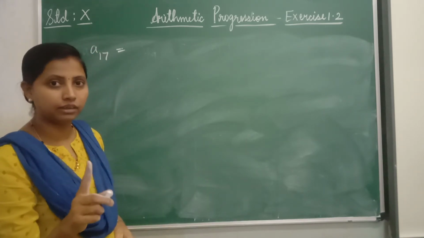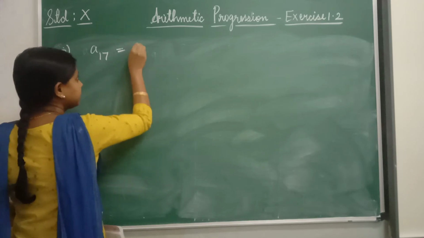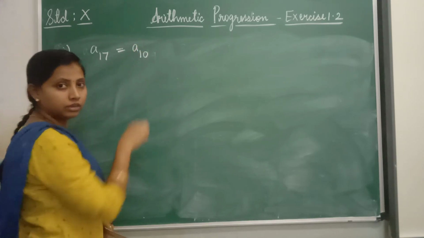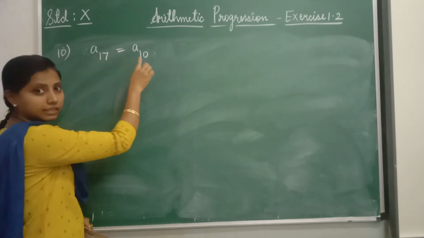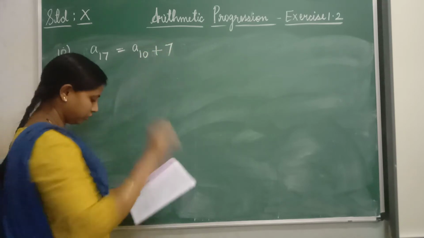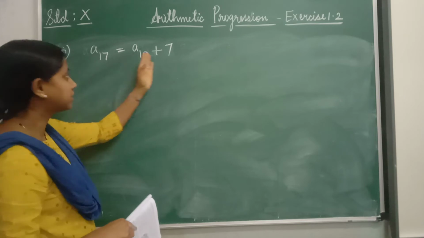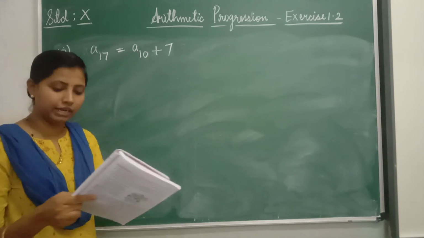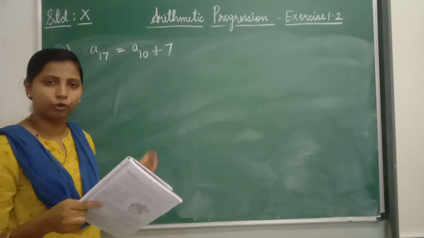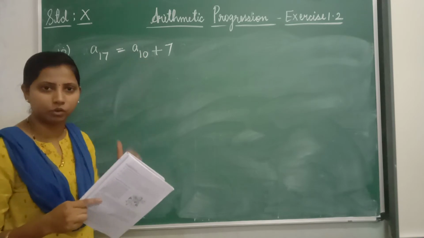The 10th term is A10. So A17 equals A10 plus 7. This is the equation you have to frame by reading the question. If you read the question carefully, you can frame the equation.